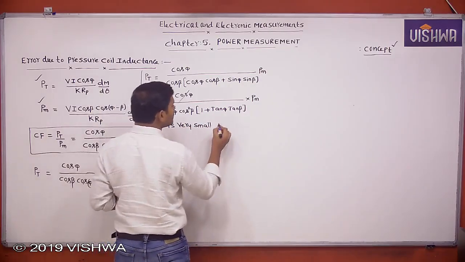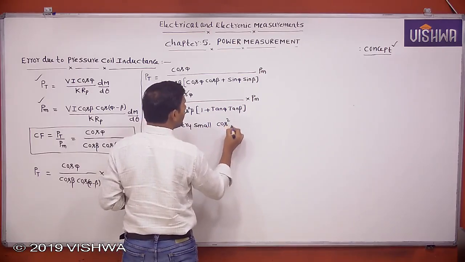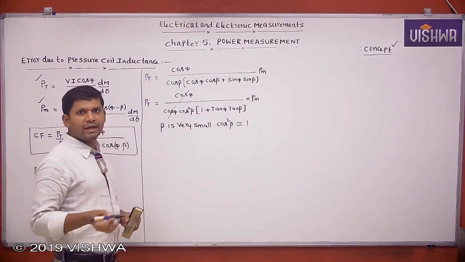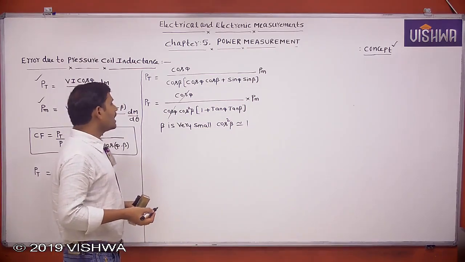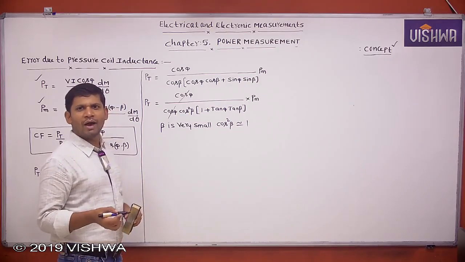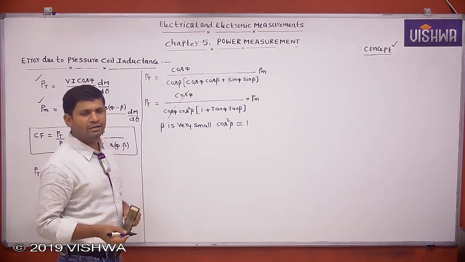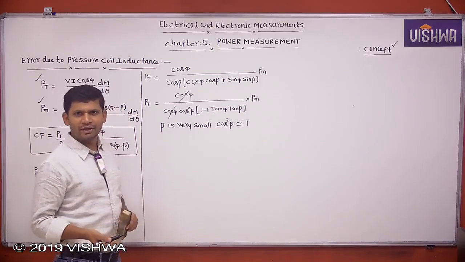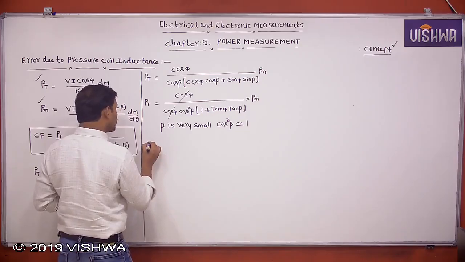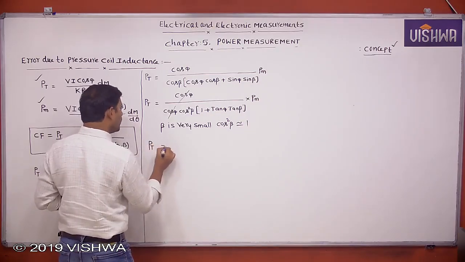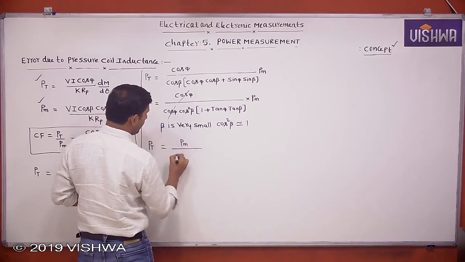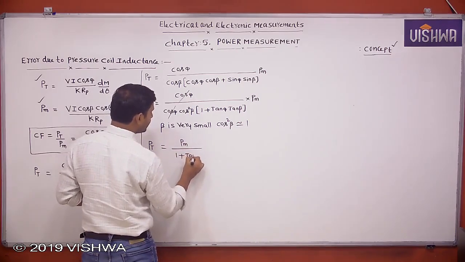If beta is very small, then cos square beta is nearly equal to 1. If you take beta as 0, then cos 0 is 1. If you take beta as 0.1 or 0.2 or 1 degree or 2 degree, that is nearly equal to 1. That is the meaning: cos square beta is nearly equal to 1. Then how to write this true power expression? Therefore true power equals measured power by 1 plus tan phi into tan beta.